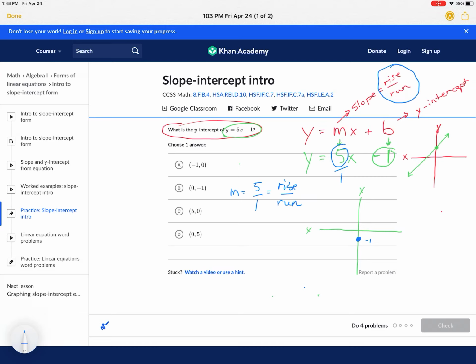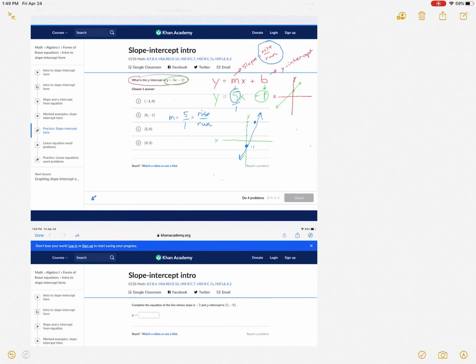To draw our graph, if we wanted to, you would just go up 1, 2, 3, 4, 5, go over 1, put a dot, and you'd be able to draw your graph there. Not a very good graph. It's not actually touching the dots, but you get the picture. So that's one of our problems.